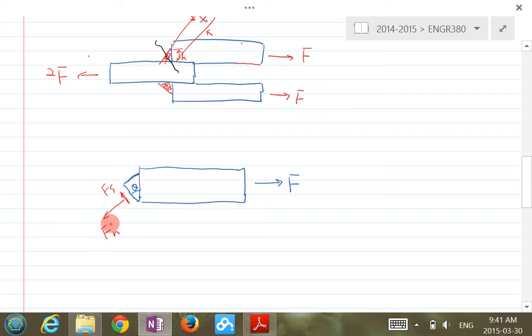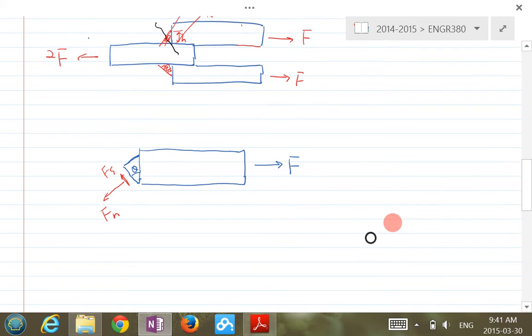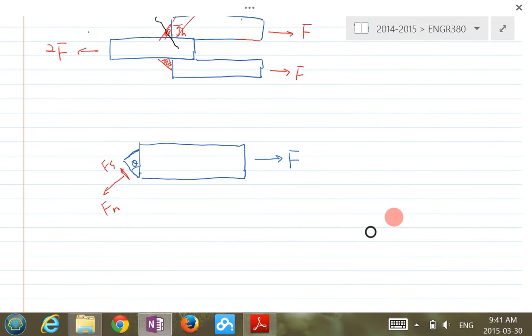So altogether, the three forces should still maintain this piece in equilibrium. The idea is that Fs will cause a shear stress, and Fn will cause a normal stress on this cross section.